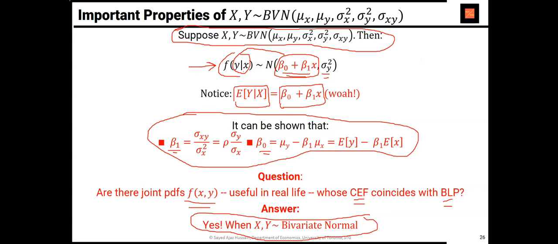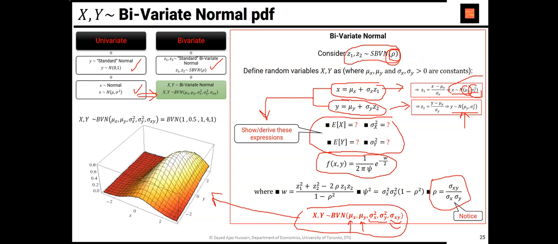So, you know, it's reasonably common in real life to find X and Y's which are bivariate normal. It's not as simple, though. Some of you might be saying, okay, that means that if I go to graduate econometrics, all I should do is look for an X that's normal and a Y that's normal, and somehow the two of them together are bivariate normal. That's actually not true.